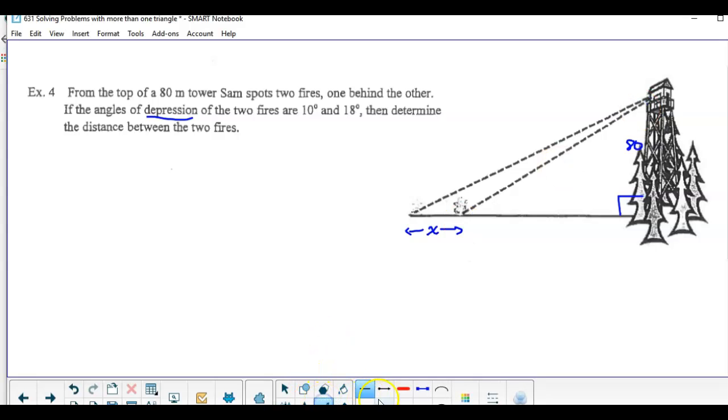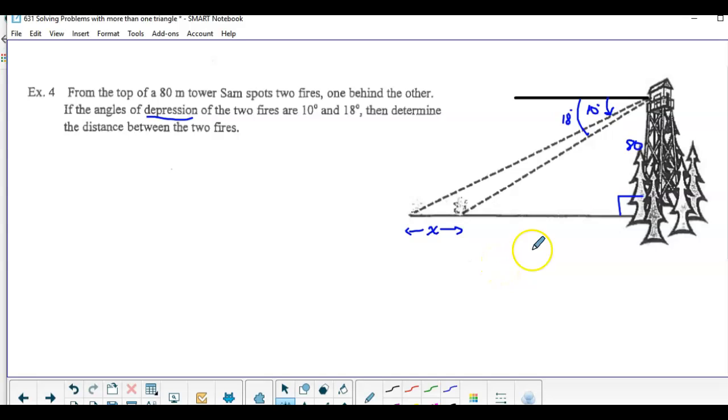So I'm going to draw a line like this. There's a horizontal line, and the angle of depression is from that downwards. The smaller one is 10, and the bigger one is 18.